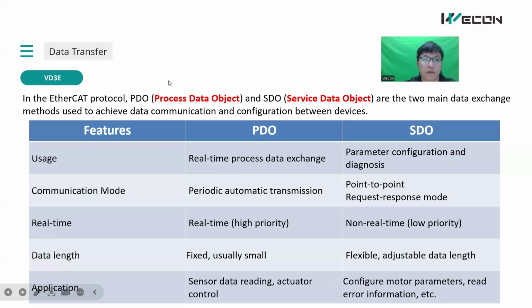So, for example, we set the synchronous time as 4 ms, and we configure parameter A and parameter B in PDO mode. Then these two parameters will be refreshed every 4 ms all the time.